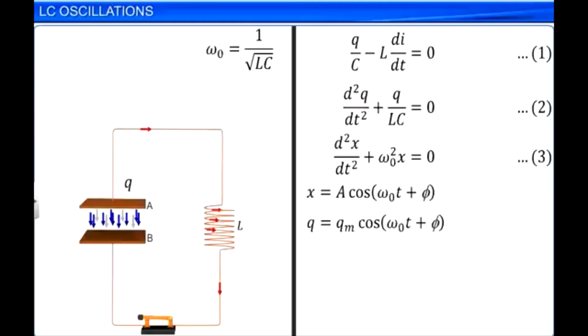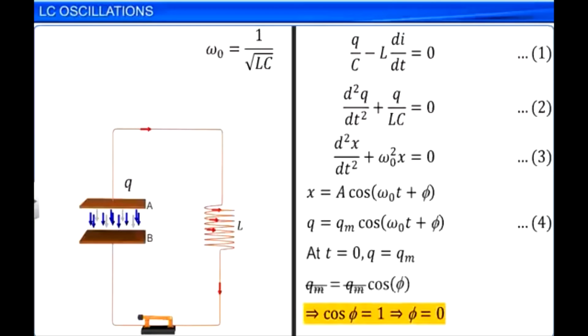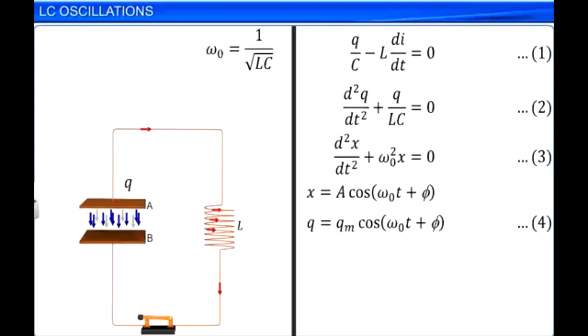At time t equal to 0, the charge q on the capacitor has the maximum value qm, which means that the value of cos phi has to be 1 and hence phi has to be 0. Hence, equation 4 now becomes q is equal to qm cos omega naught t. Let this be equation 5.